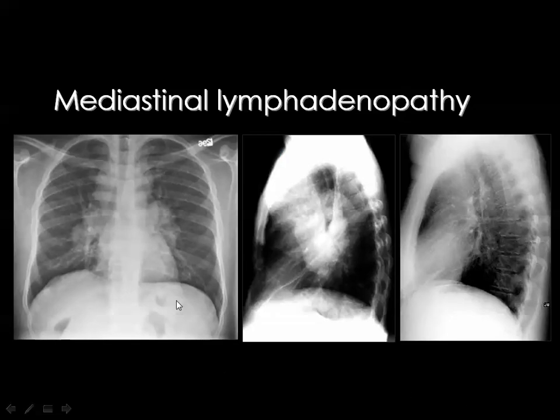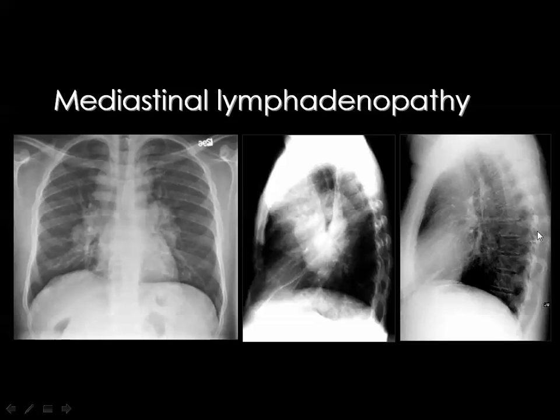Then if you look here and you see that the hilum is enlarged on both sides, you consider this either vascular or nodal enlargement. Then you look to the lateral view. If you see an extra density superimposed on the hilum, this is lymphadenopathy.